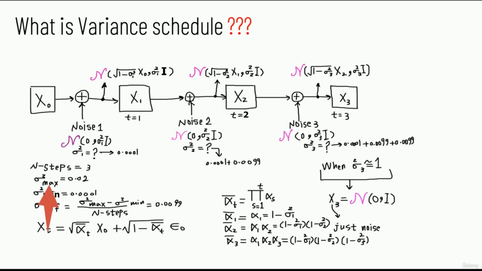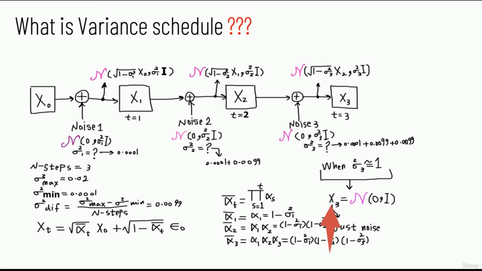the variance maximum value. Let's say that we want to make the maximum variance equal to 1. In this case, x3 will be just a standard Gaussian distribution or normal distribution, where the mean is equal to 0 and the standard deviation is equal to 1. In this case, we will lose all the information about the x2 value.